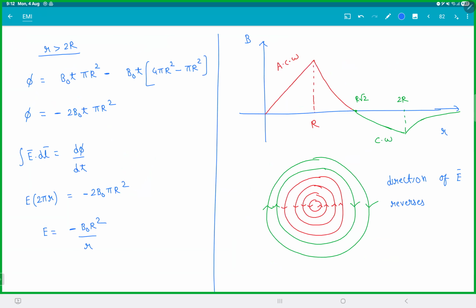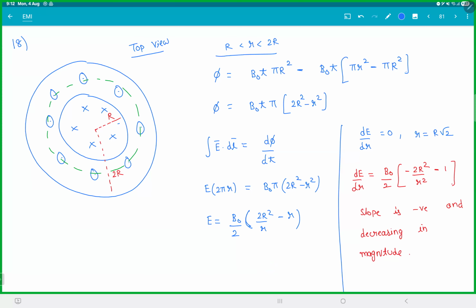That is maxima, no? This thing should decrease. Why am I getting a maxima there? So it is taking a turn somewhere. Is this positive or a negative value? Yeah, that is root 2r minus, that's coming 0 only.